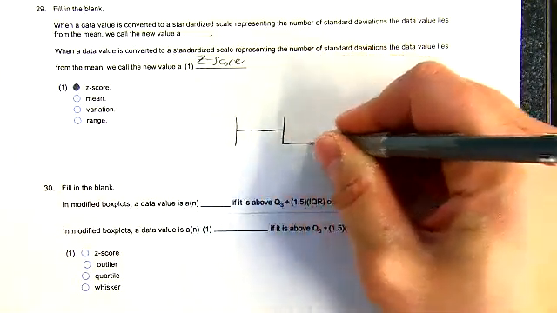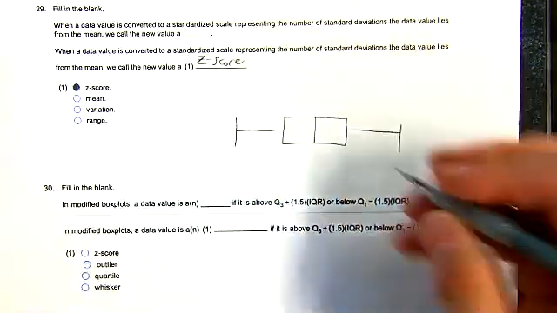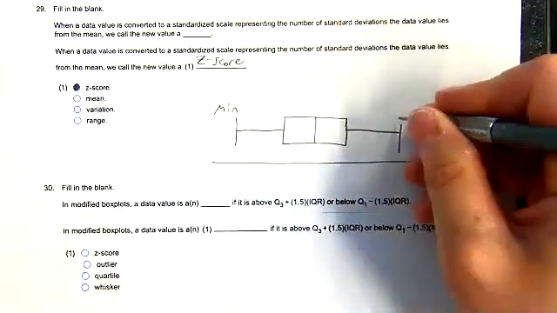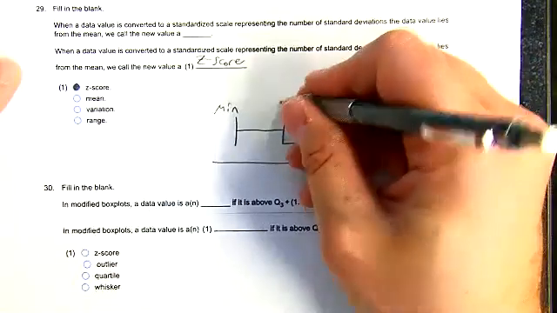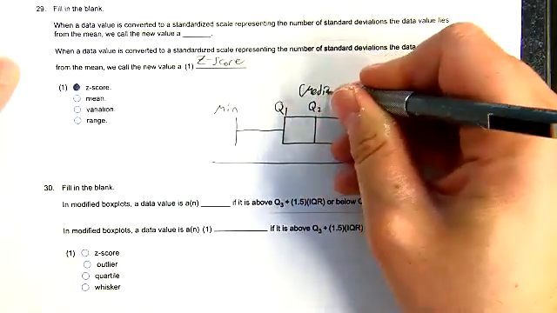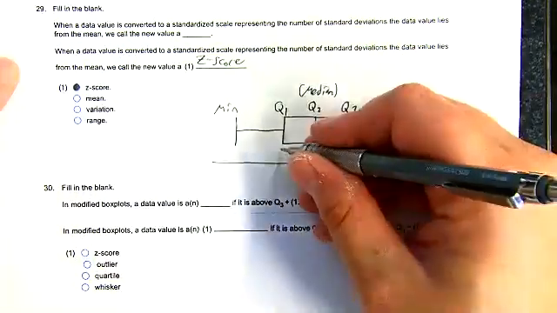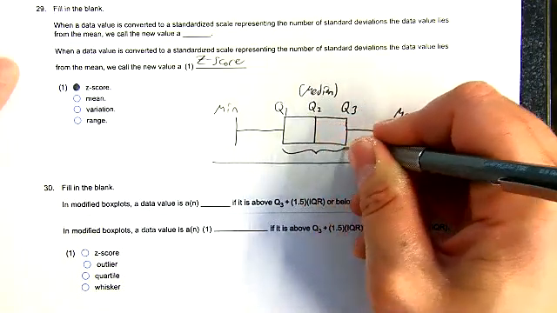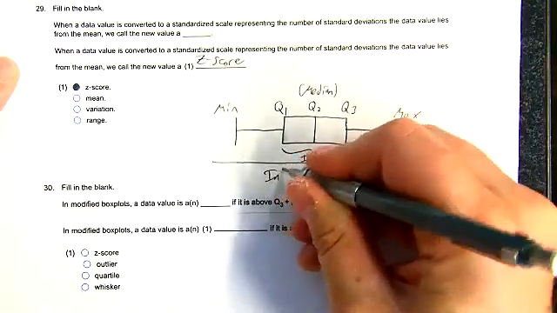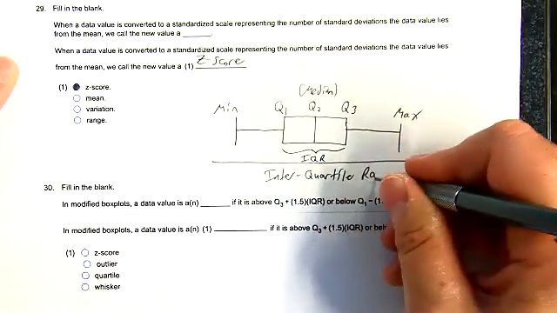In a box plot, let's just use a perfectly symmetrical one. Min, max, Q1, Q2 or median, Q3. This distance here is called IQR, or interquartile range.